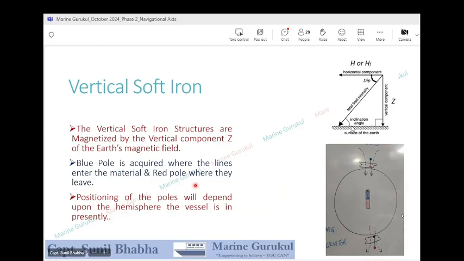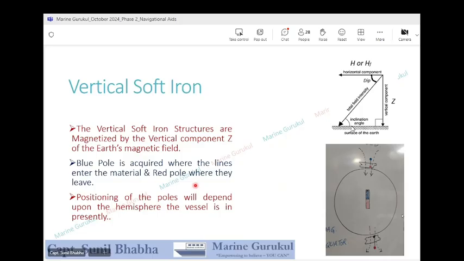So you see, with the change in hemisphere, the direction of the magnetic lines of force of the Earth also changes. In the southern hemisphere, they come out of the Earth's surface, and in the northern hemisphere, they go down into the Earth's surface. And with this change, the poles acquired by the vertical soft iron also change.